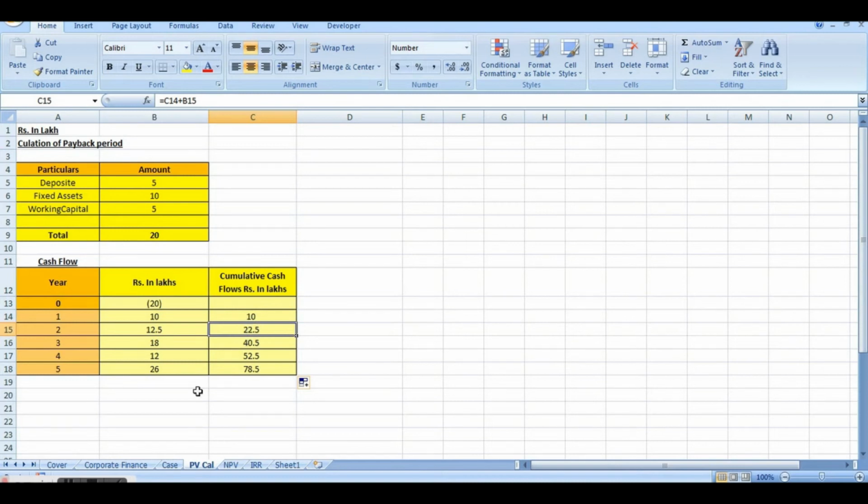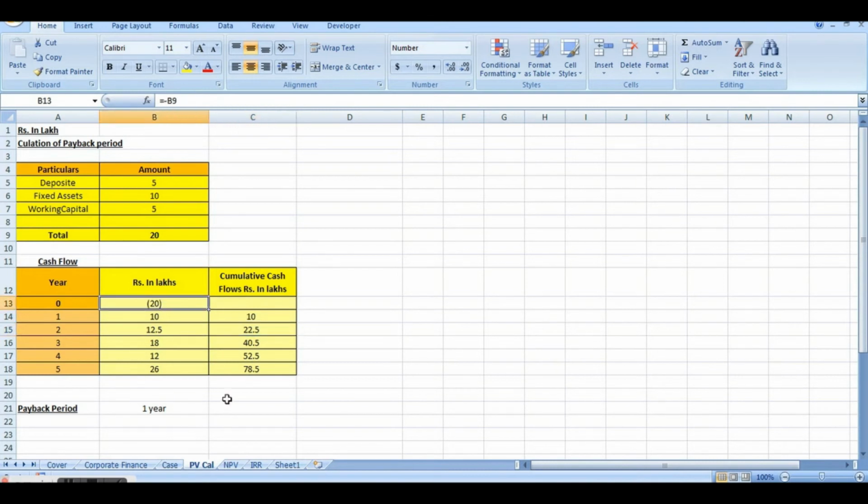So we can say that the payback period is in between year 1 and 2, equal to 1 year. Now why 1 year? You can see here at the end of year 1 you have 10 lakh as cash flows. At the end of year 2, cumulative cash inflows become 22.5, which is more than 20 lakhs. It means you have received your investment back.